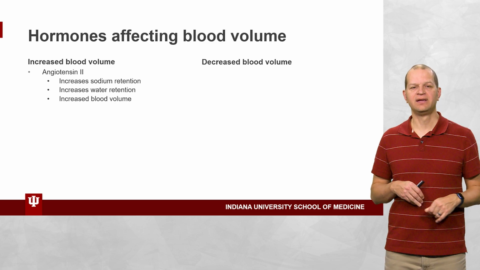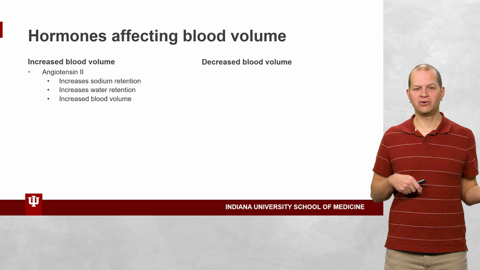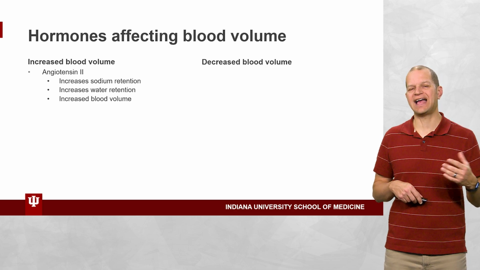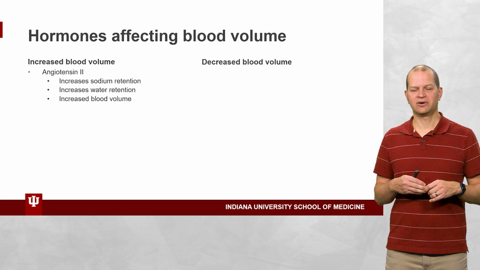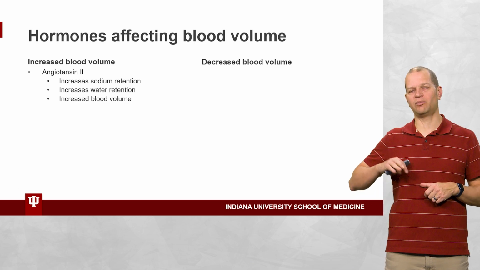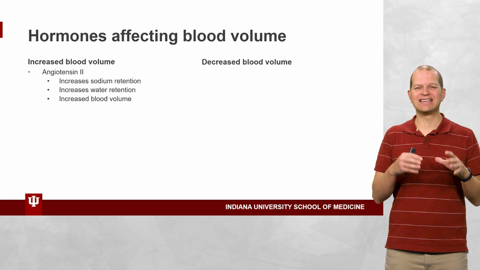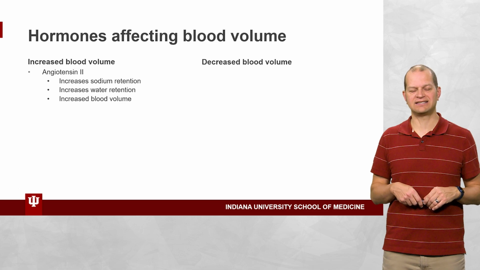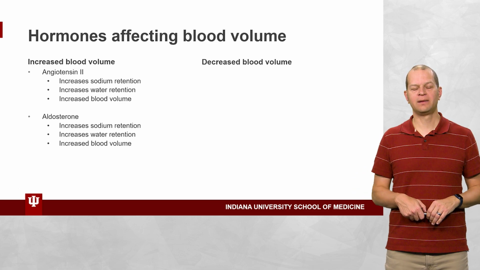Angiotensin II will stimulate the release or activation of hormones that will cause salt to be retained. And if we hold on to salt, we hold on to water. If we hold on to water, basically we're pulling fluid out of the extracellular fluid, or the interstitial fluid is a better place to say, and that goes back into our bloodstream, and so we increase our blood volume.